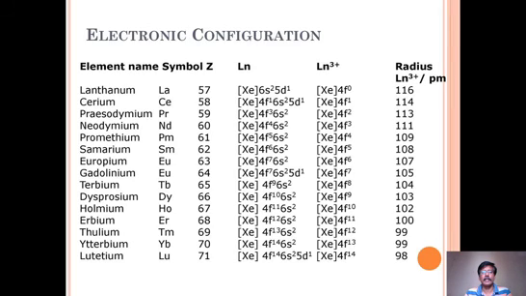It will not be having any d electron there, and gadolinium has 4f7 by losing one electron to 5d. 5d is there, and if you look at lutetium also, here it is 4f14, because europium as well as gadolinium as well as lutetium both have 4f7, that is half filled, and 4f14, that is a completely filled f orbital. So that's why they prefer one electron to go into the d orbital.